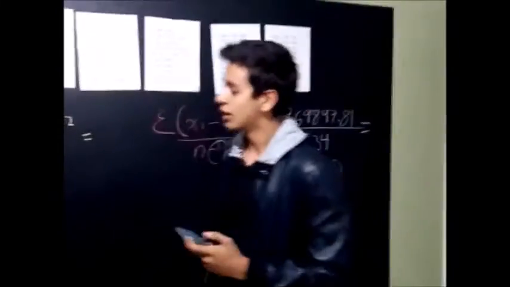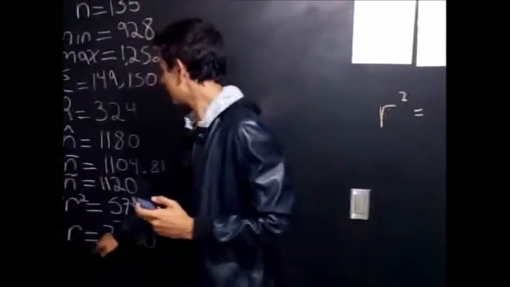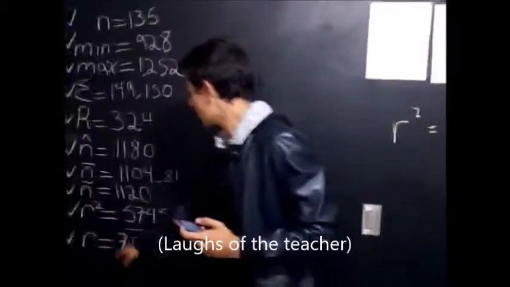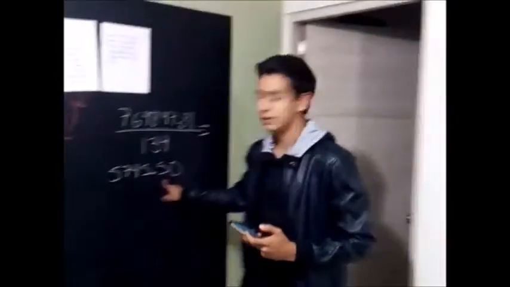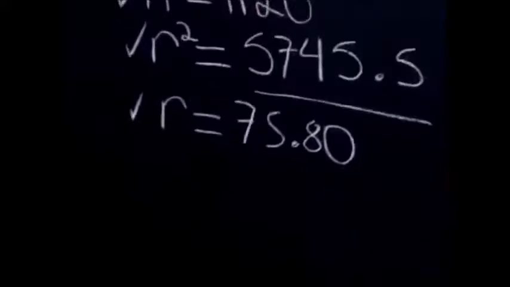Now, the standard deviation is represented with an r. The only thing that we have to do is take the square root of this value. So from this value, we take the square root, and we have the value of 75.8. That's all.